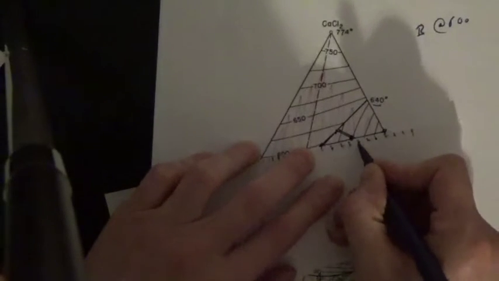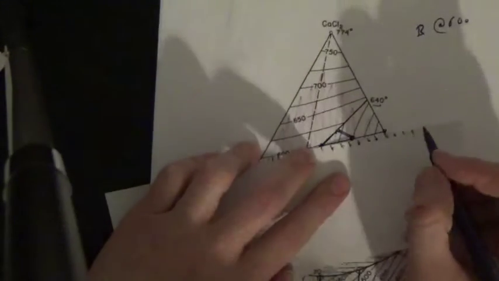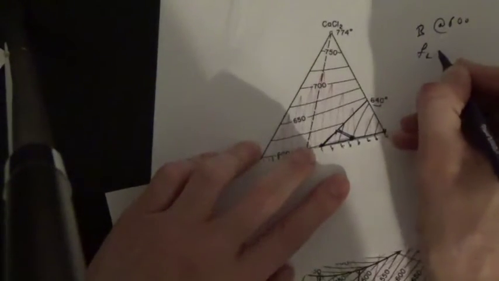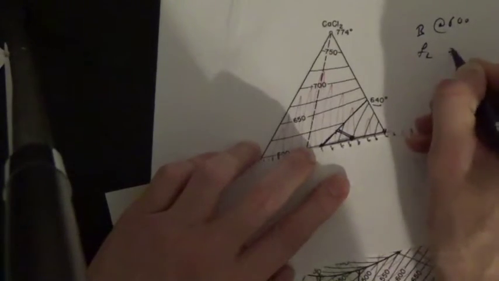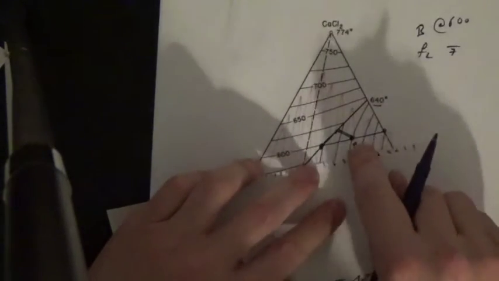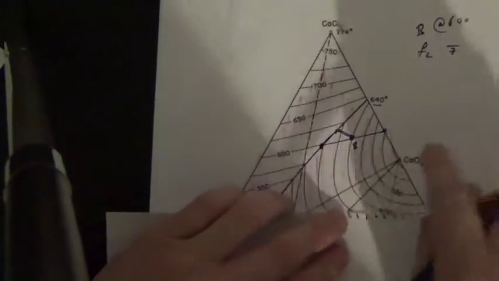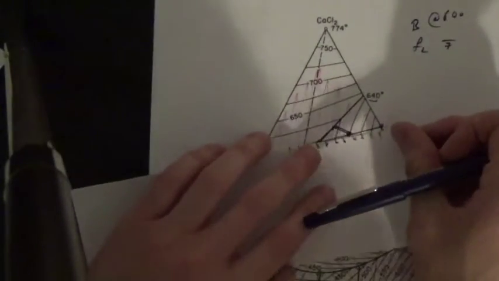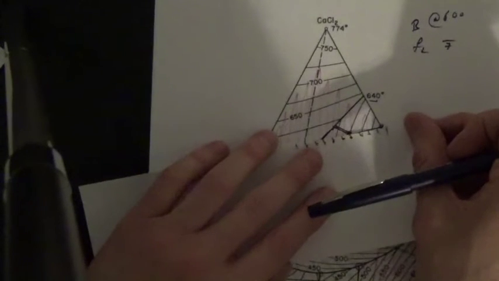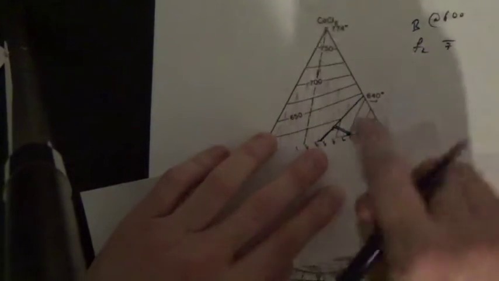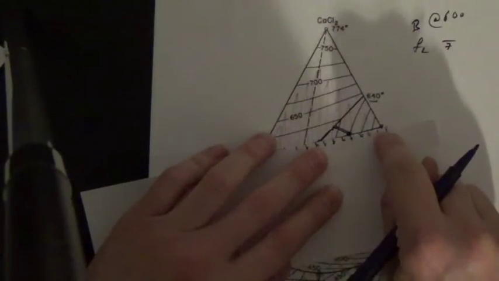1, 2, 3, 4, 5, 6, 7. Liquid. And using inverse lever rule, from point B to the edge, we have around 1, 2, 3, 3.5.